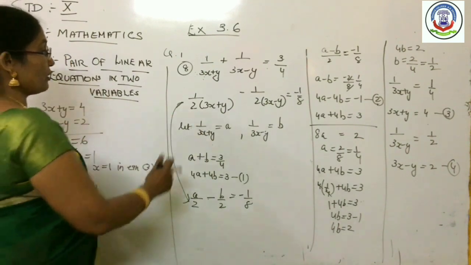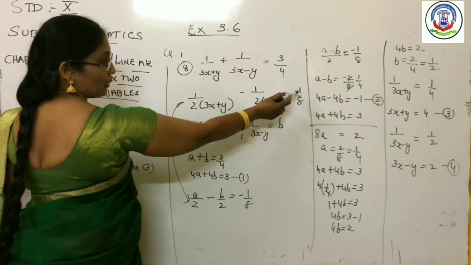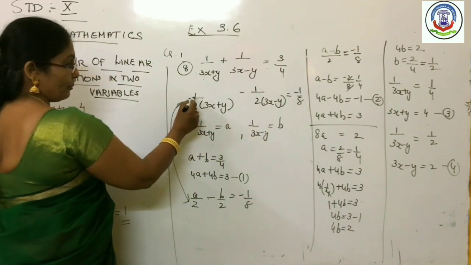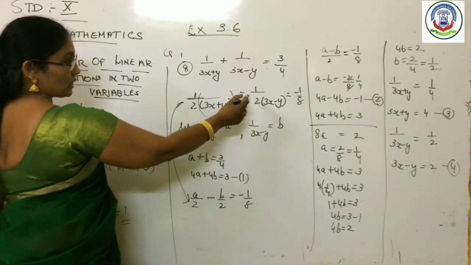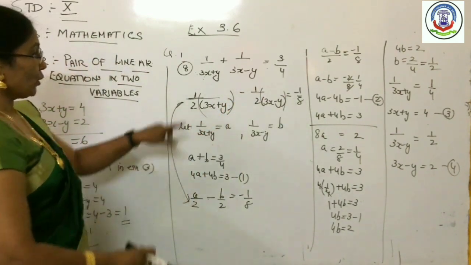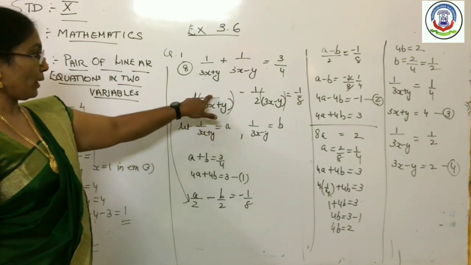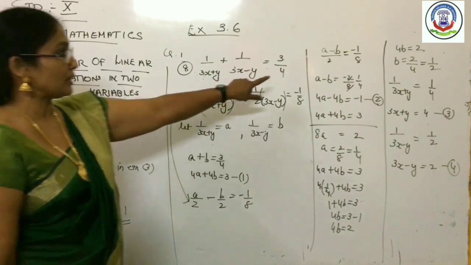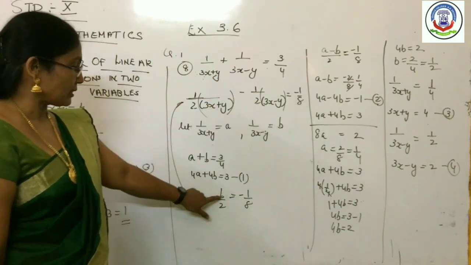For the second equation, 1 by 2 into 3x plus y minus 1 by 2 into 3x minus y is equal to minus 1 by 8. This one means 1 by 2 into 1 by 3x plus y, and 1 by 2 into 1 by 3x minus y. So 1 by 2 into 1 by 3x plus y, which you substituted as a, a into 1 by 2 means a by 2, and b into 1 by 2 means b by 2.